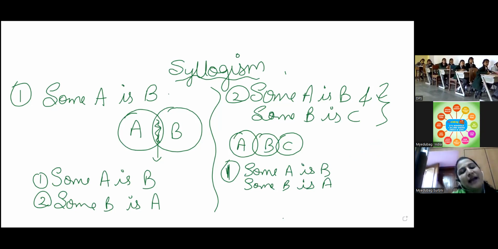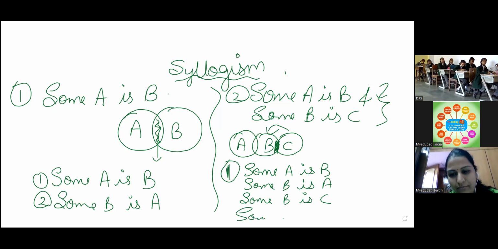Now we'll see the connection between B and C. We'll say some B is C, and we can also say that some C is B, this between part, the center part. So only these 4 connections you are going to tell. Clear? If written, just raise your hands and I'll go to the next concept.